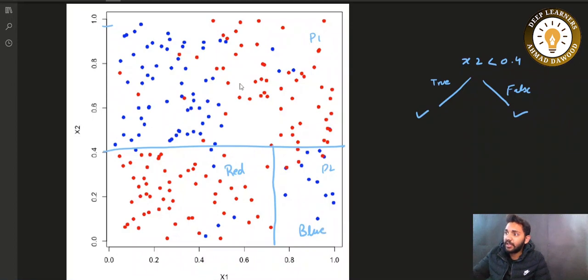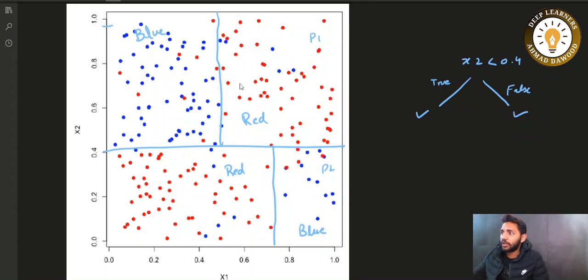In the same way, if I ask you to draw a boundary in partition 1 so that one subspace holds the same type of data points, you will probably draw a line from here, and you can call this red points and this blue points.